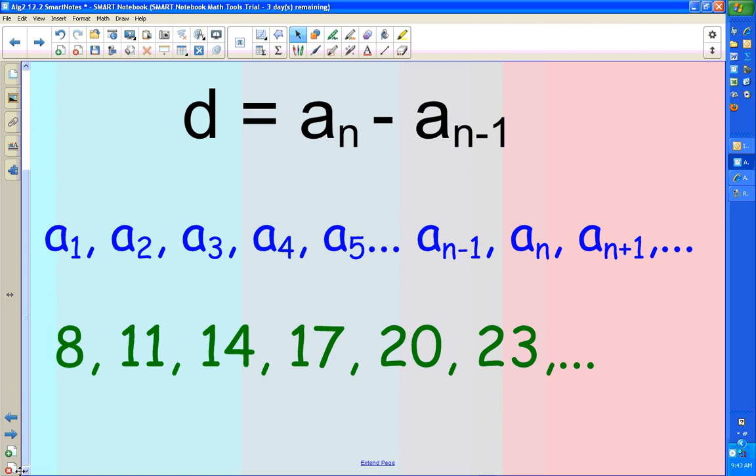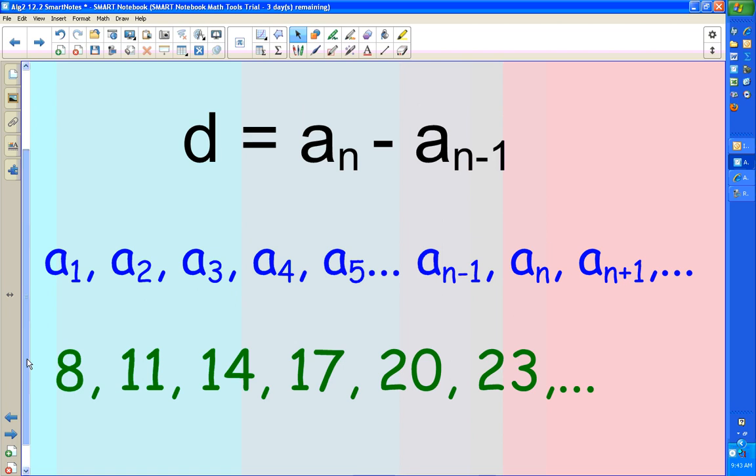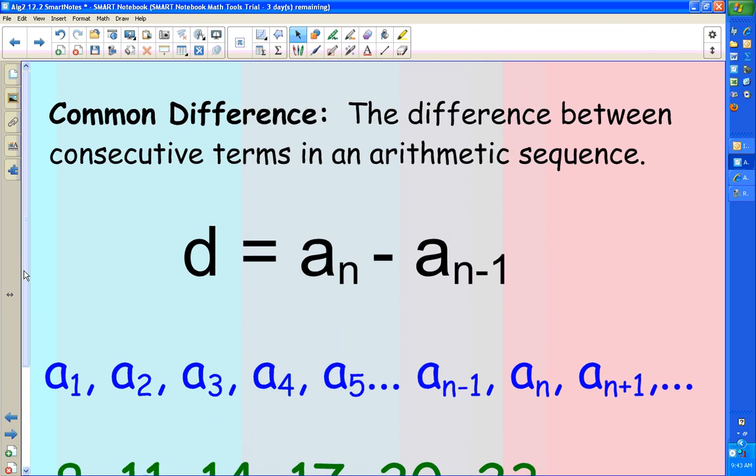Doesn't matter which two you pick. Take any term, subtract the previous term. So your common difference is found by taking any term, subtract the previous term.